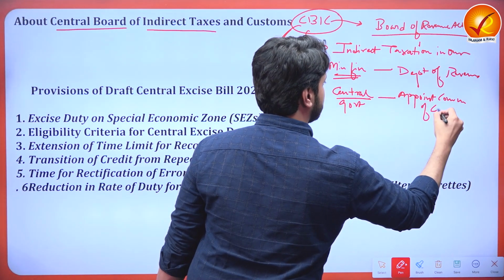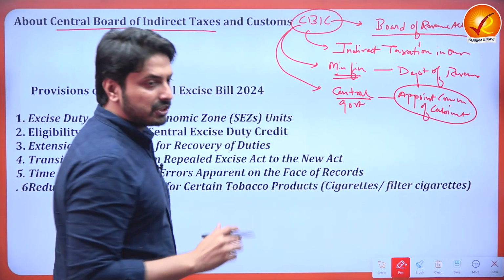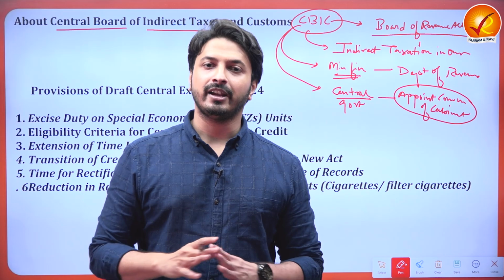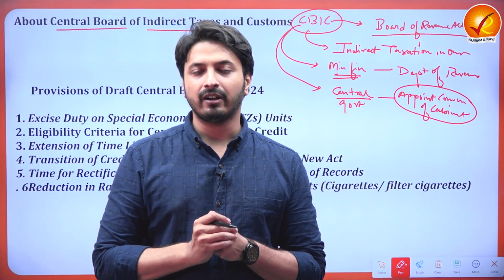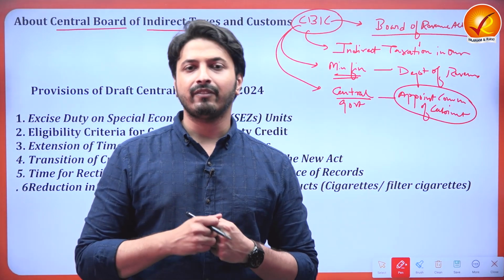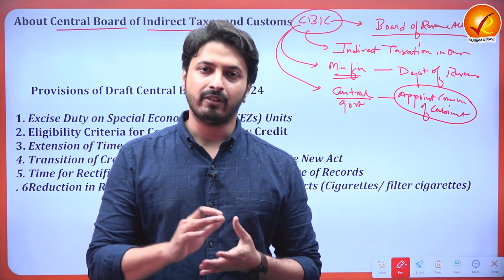And the primary function of the CBIC is to administer all the matters and issues related to the indirect taxation of our country. Apart from it, it also creates a lot of policies and formulations with respect to the levy and collection of indirect taxes in our country.